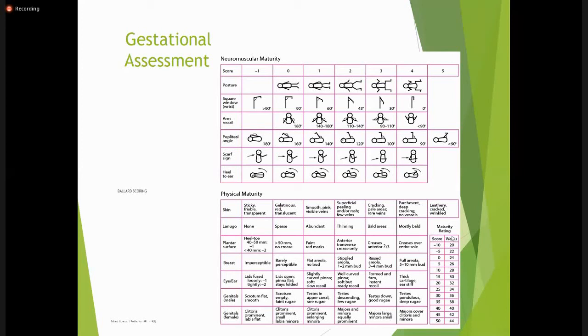This is the maturity rating scale you can see here, in which one column shows the score, and it tells you which weeks it falls in. For example, if your score comes to be 22, you can see here that 20 to 25 means your gestational age lies between 32 to 34 weeks.